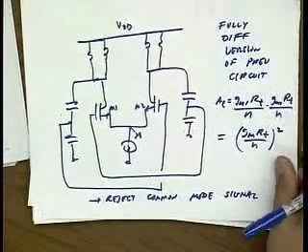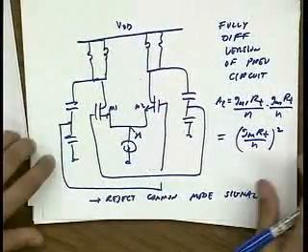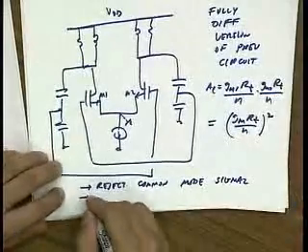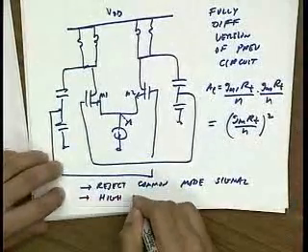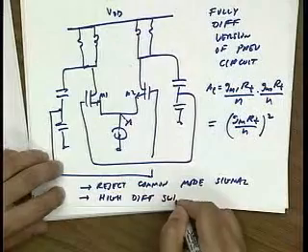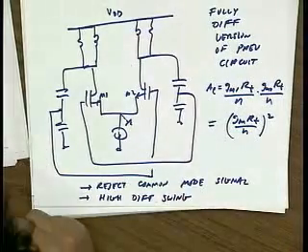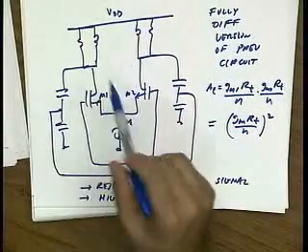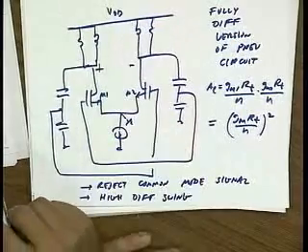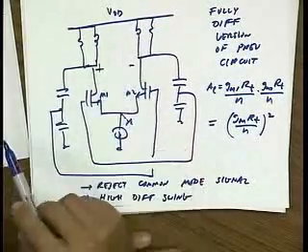Okay, another nice thing about going differential is we have a high differential swing. We'll realize later on that maximizing this voltage swing across here really helps with the phase noise.